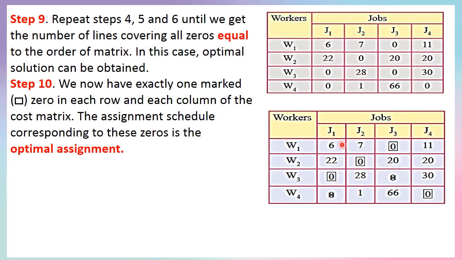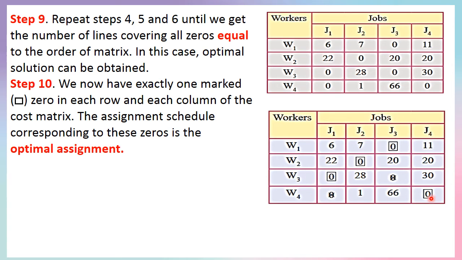So we have two options: either you can assign the first column zero and cross out the last column zero, or you can assign the last column zero and cross out the first column zero. That is, we are crossing out the zeros in that particular row. So it will be like this.